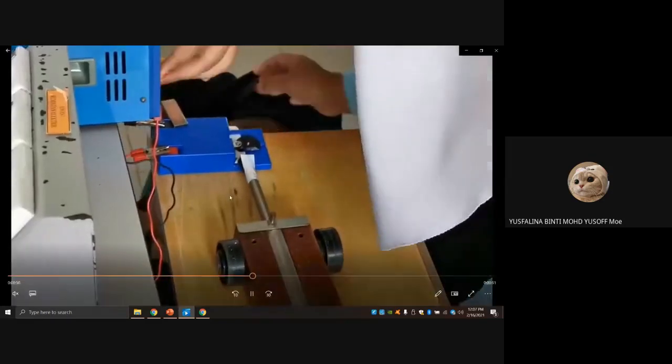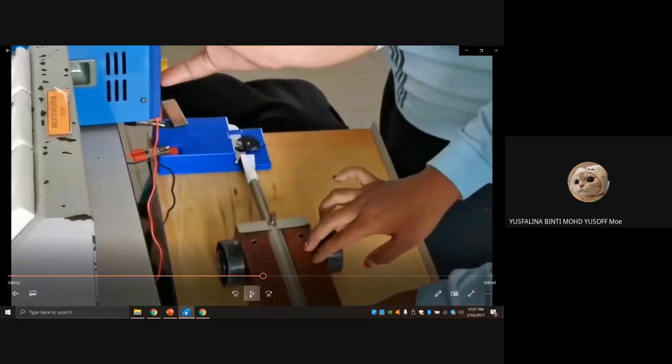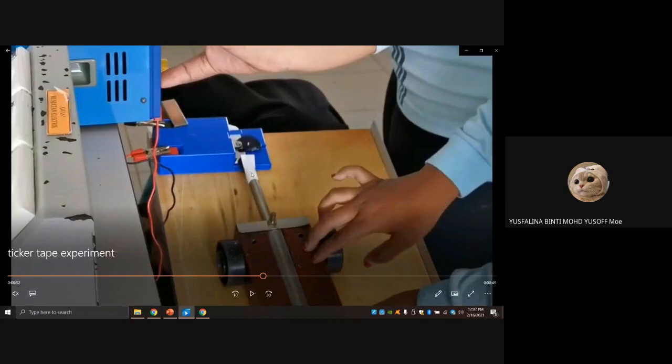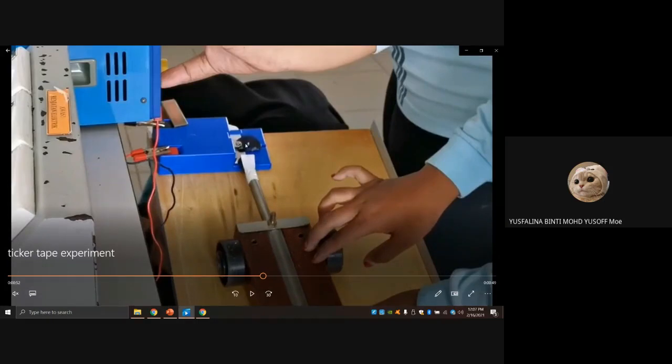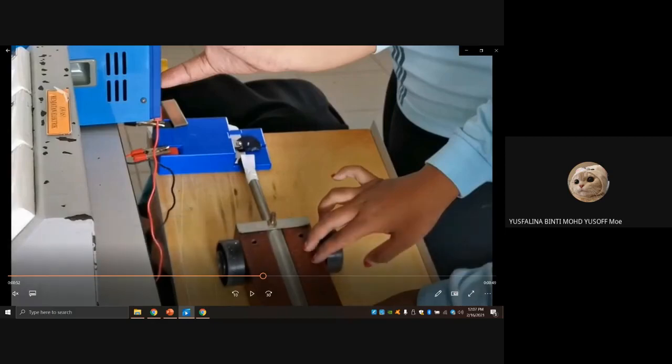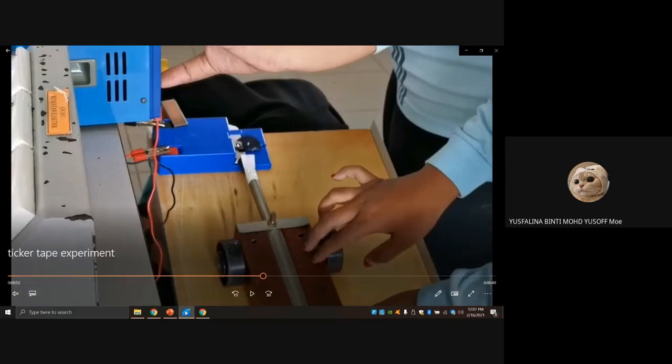Here the ticker tape already has a carbon. At the ticker timer, there will be one metal that will vibrate on the ticker tape here. After that, it will form a dot.